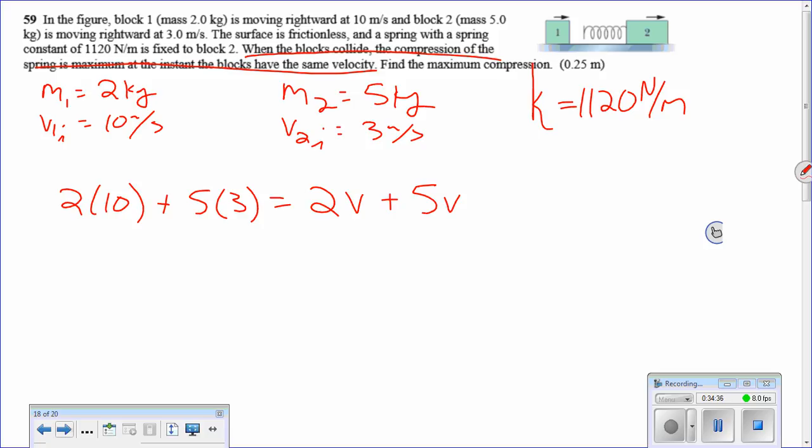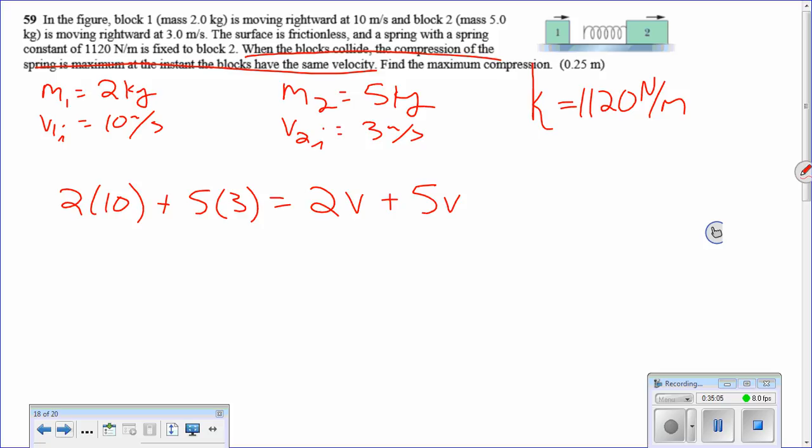Why would it be when they're the same? Because block 1 is slowing down and block 2 is speeding up. But isn't that technically the final velocity? No, because what's going to happen is they're going to bump into each other. The spring's going to compress for a little bit, and then when it uncompresses, block 2 is going to get pushed ahead.